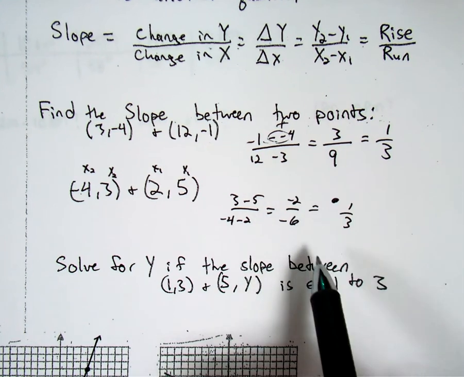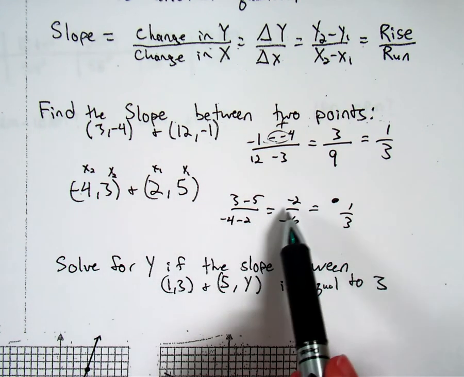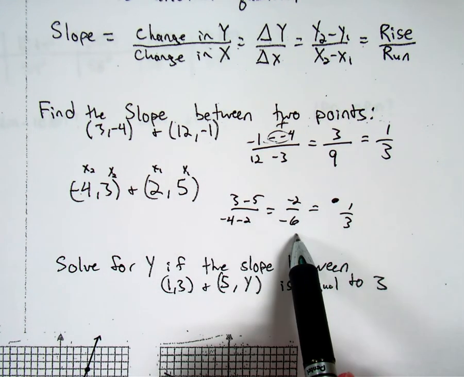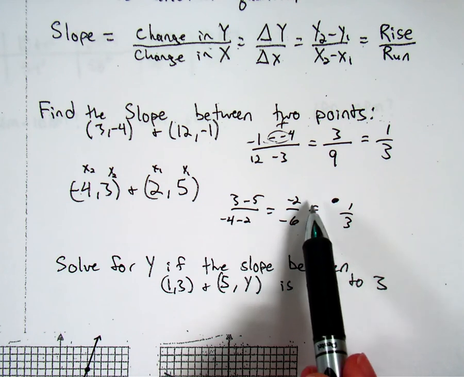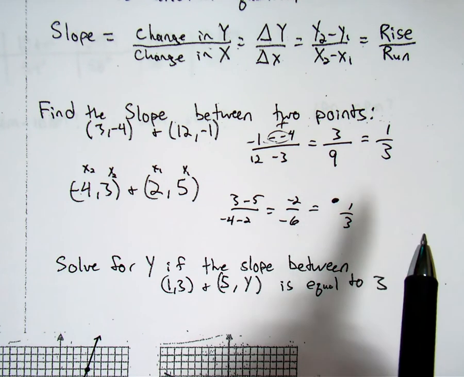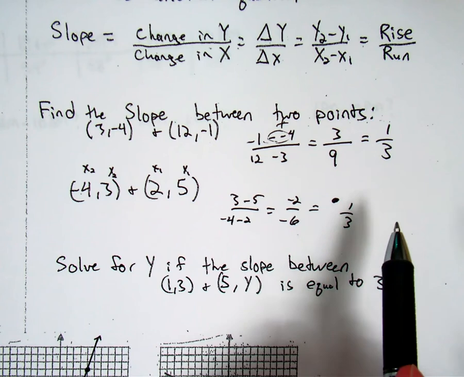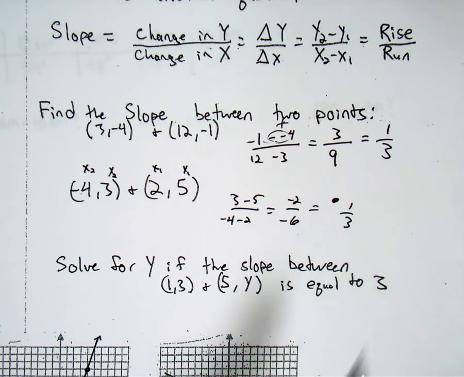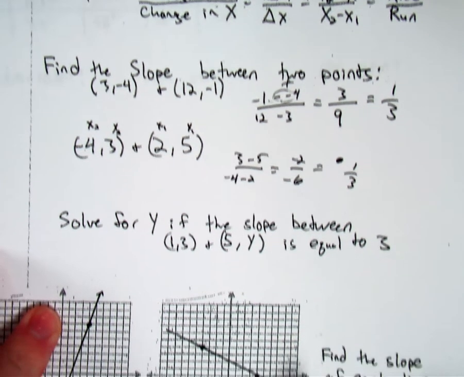If you went the other way around, I'm going to guess you had a +2 and a +6, and a +2 and a +6 is still going to reduce to a positive 1/3, just like we had here. All right, so there you go. It's math magic.